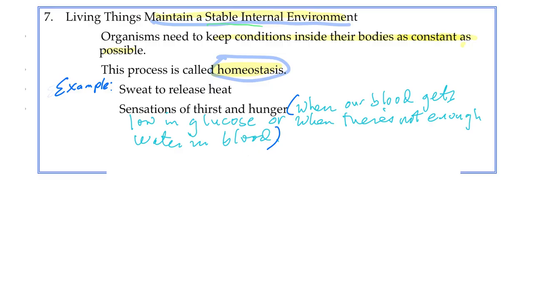So we need to have a mechanism that releases it. Think of when you're thirsty, your body craves water. Then after we get the water, hormones are released that make us not overdrink the water.